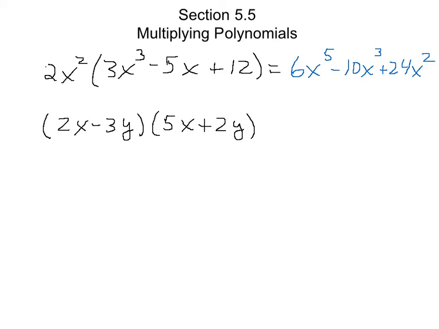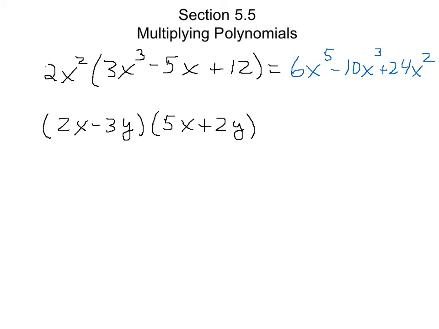So what we're multiplying here is one binomial by another binomial. Some of you may remember FOIL. Just kind of put that away for a second and think about what we're really doing. When you look at this problem, we take this 2x and multiply it by each of these terms, and then we take minus 3y and multiply it by each of these terms.